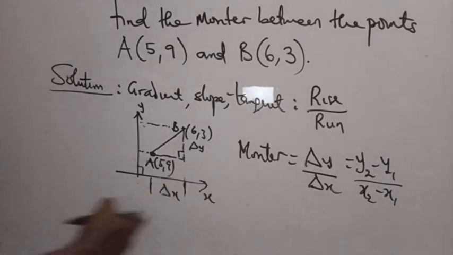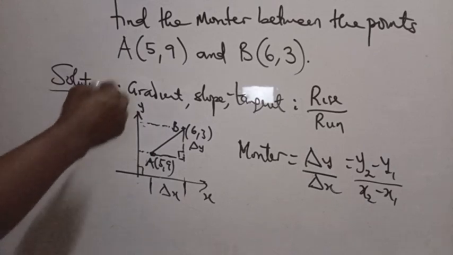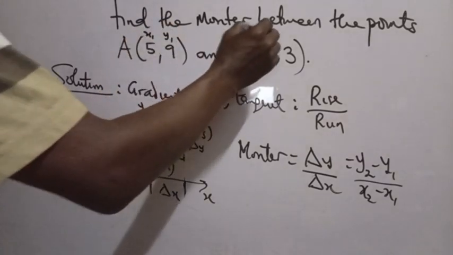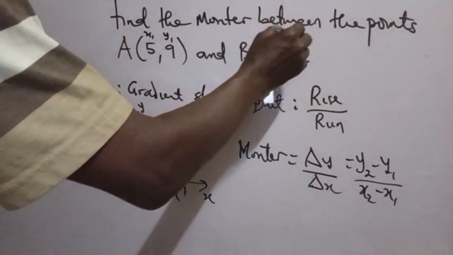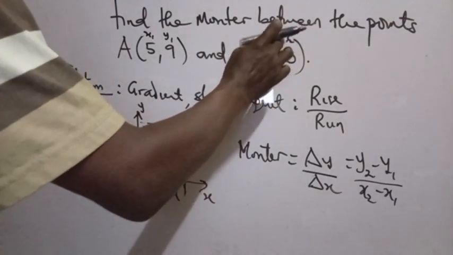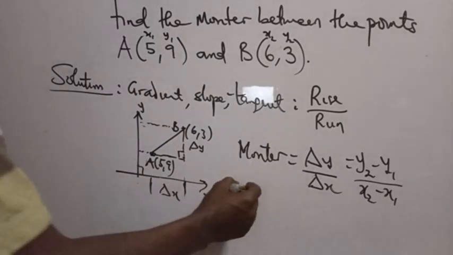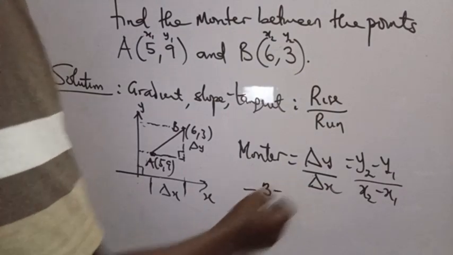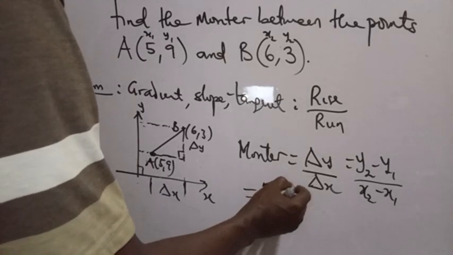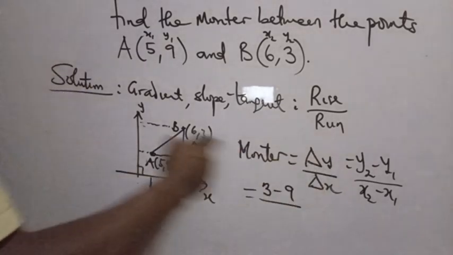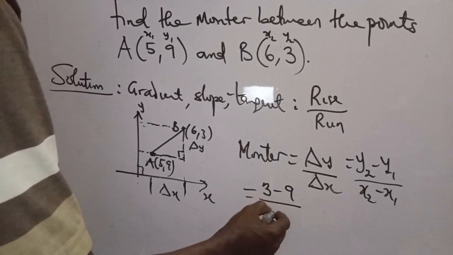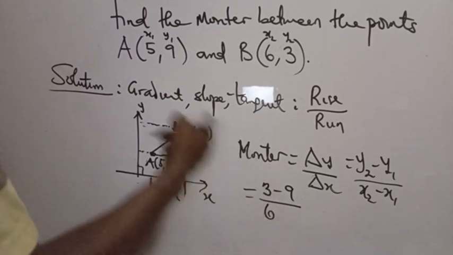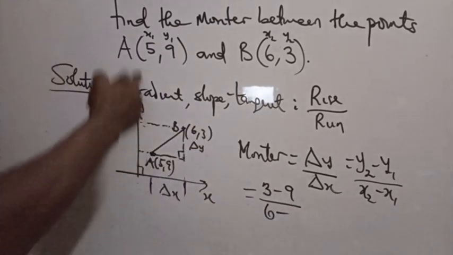So now, from this given example, call this one x1, call this one y1, x2, call this one y2. Okay, fine. So now, therefore, this implies y2 is 3 minus y1 is 9 all over x2 is 6, I think 3, yes, correct, minus x1 is 5.